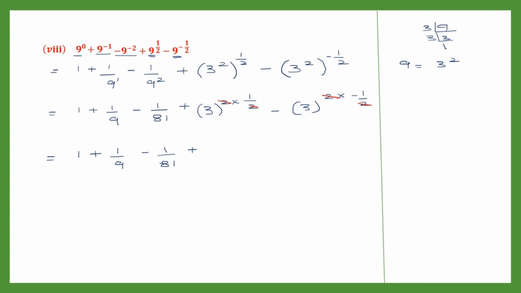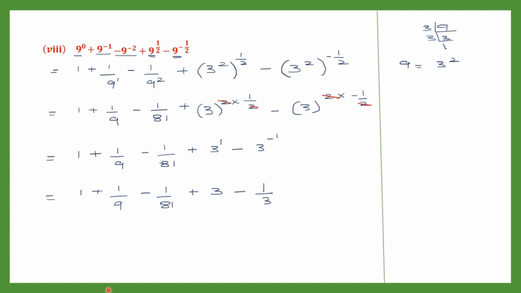So now this becomes 3 raised to the power of 1 minus 3 raised to the power of minus 1. So now the next step is 1 plus 1 by 9 minus 1 by 81 plus 3 to the power of 1 is 3, minus 3 to the power of minus 1 can be written as the reciprocal, 1 by 3 to the power of 1, which is 1 by 3.